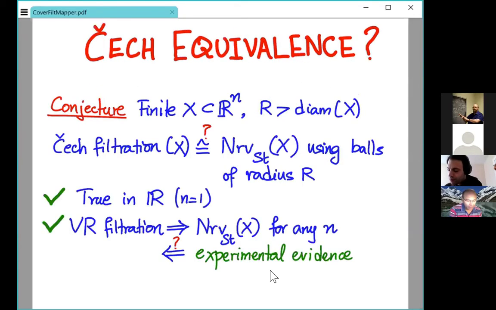A question there. Yeah, sure. The Vietoris-Rips filtration doesn't determine the Cech filtration, right? Yeah, these are two different. I'm looking at equivalence to Cech and Vietoris separately. So I'm wondering, suppose you were able to prove that the Vietoris-Rips filtration and the Steinhaus nerve completely determine each other, would you consider that to be in support of your conjecture or contradicting your conjecture?